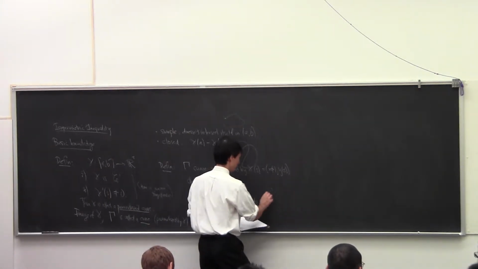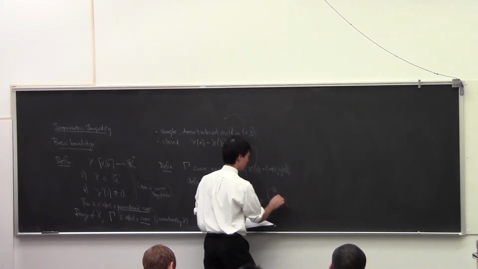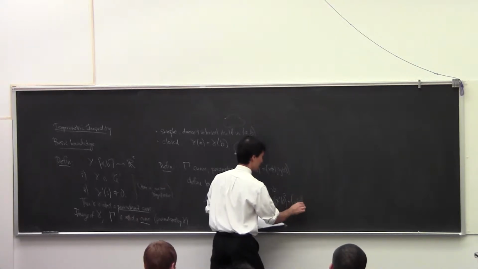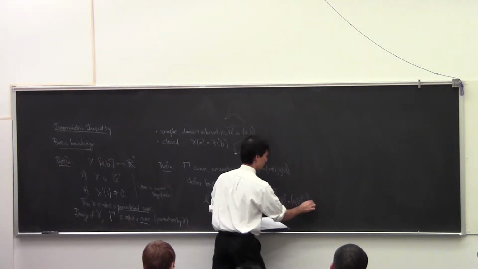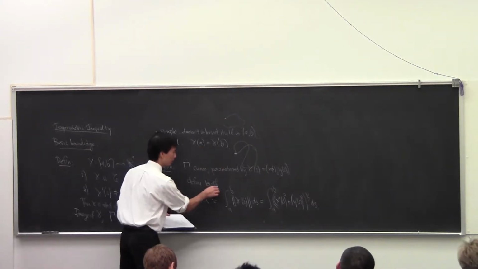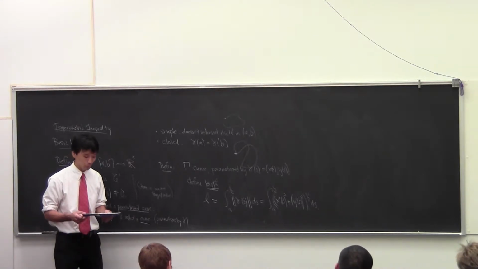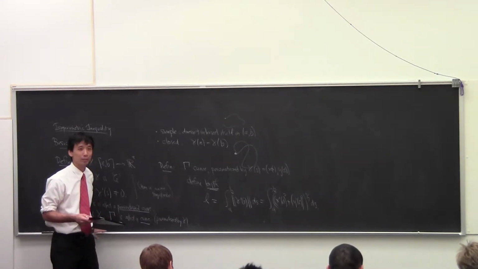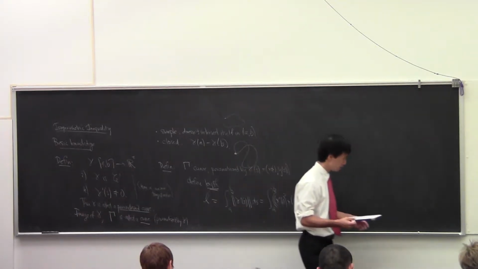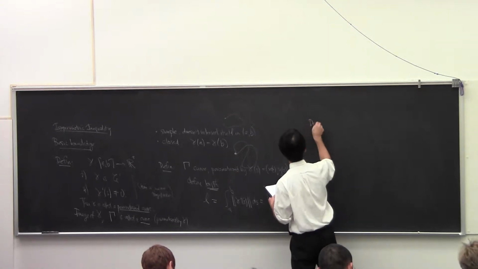In other words, the integral from a to b of (x prime squared plus y prime squared) to the 1/2. That's the length of the curve. So you should be having flashbacks back to calculus 3. It's old knowledge for you, but let's just remind ourselves.